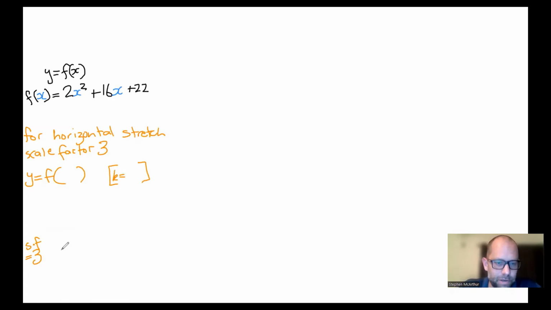But our k value is equal to 1/3. So the value that we put into this function here, if we want to make it 3 times further away, we can't put 3 in here. That'll have a different impact. We want 1/3, the reciprocal of this value. So let's go and do that. So we want 1/3 of x.